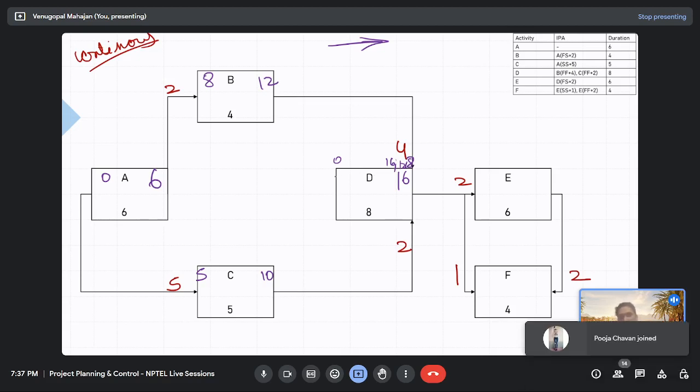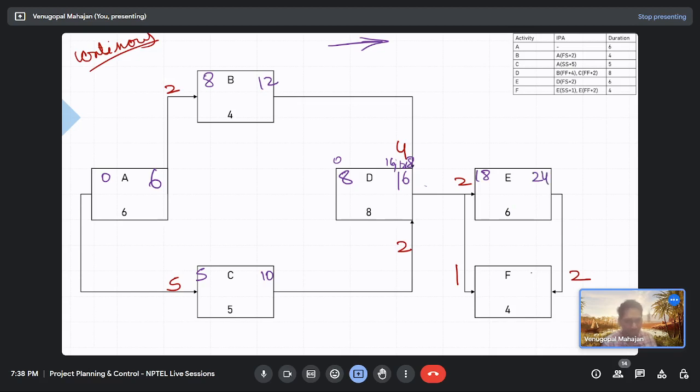So what would be the early start in this case? Early start of activity D. 8. Why? 8. Yeah. So no other relationship given. 8 splitting. Activity E, 16 plus 2, 18. 18 plus 6, 24.